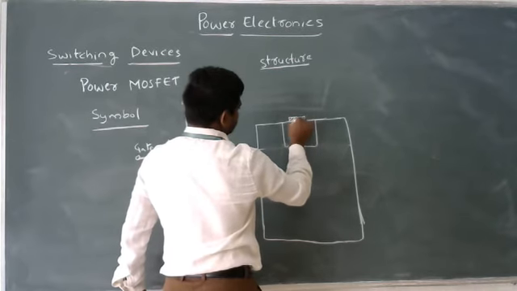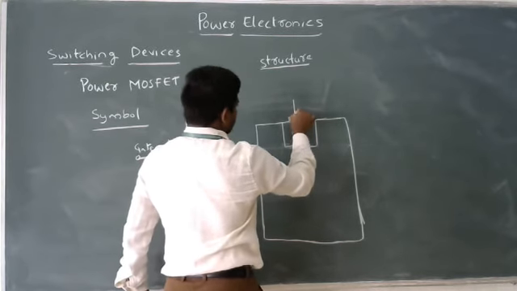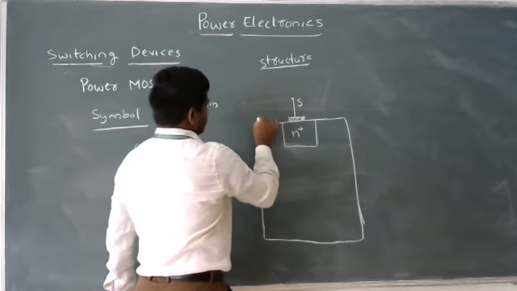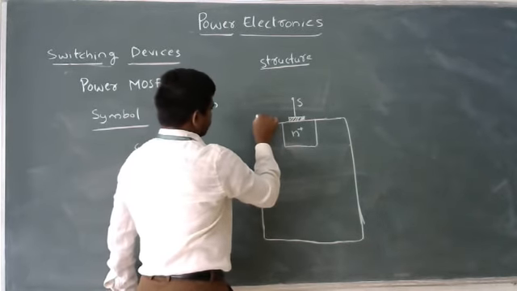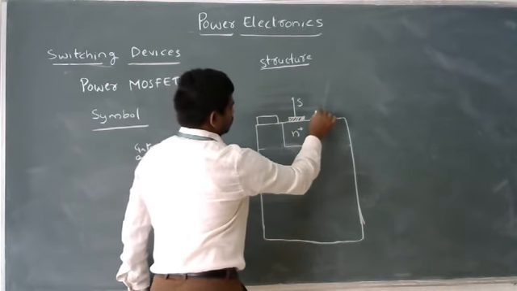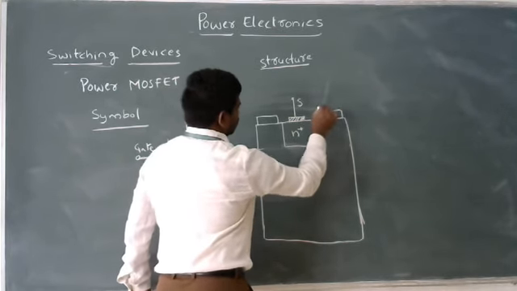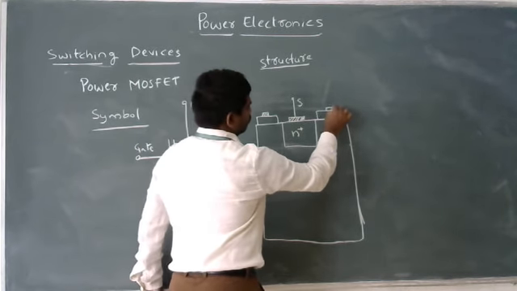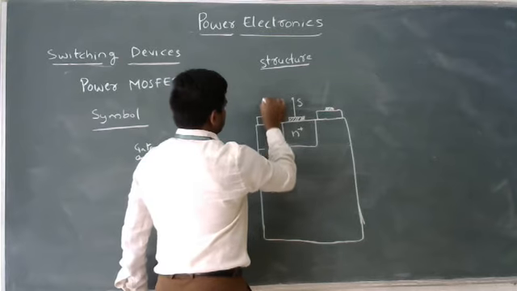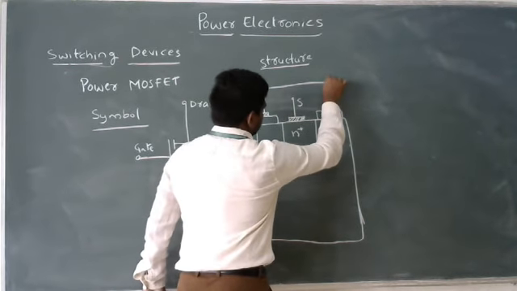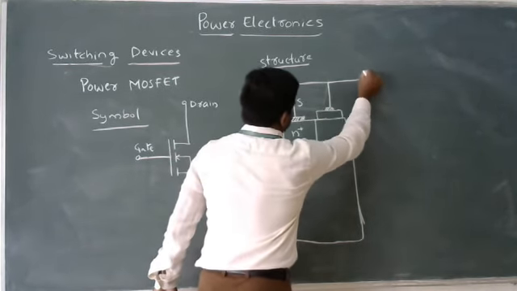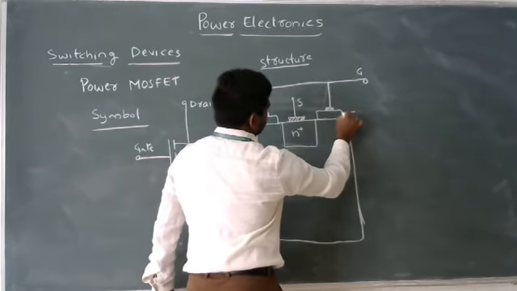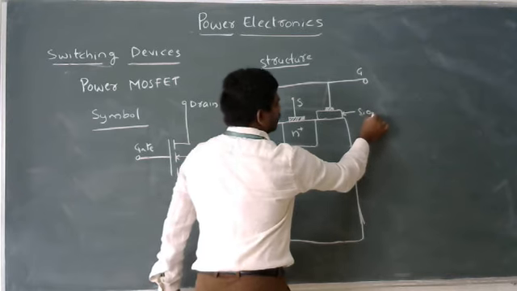So this is the source terminal, and on either side, see this, this is the connection of the gate terminal. This is gate. This portion is called silicon dioxide.